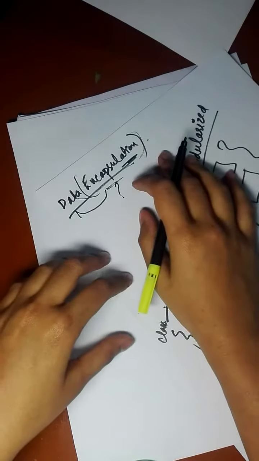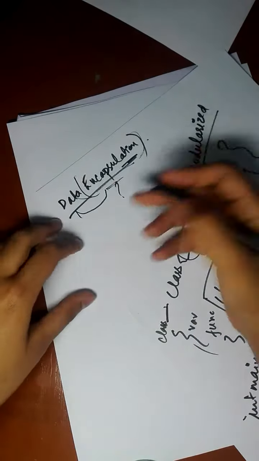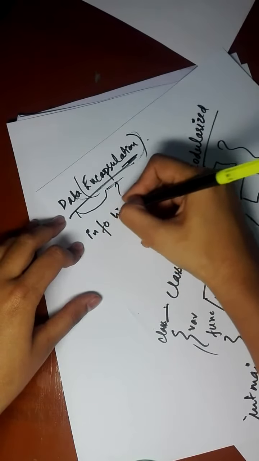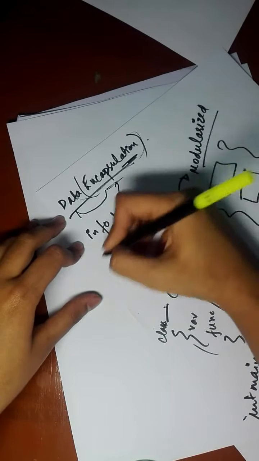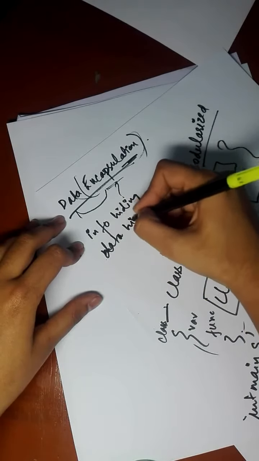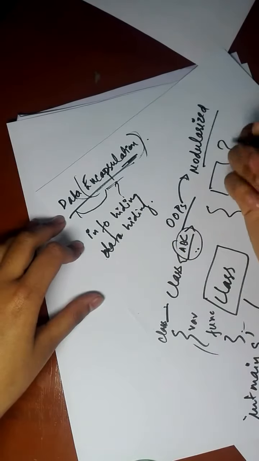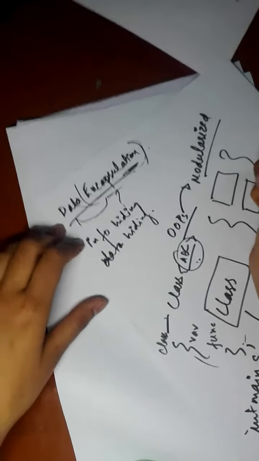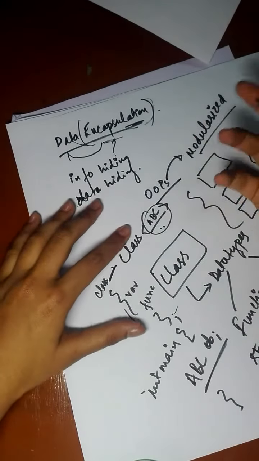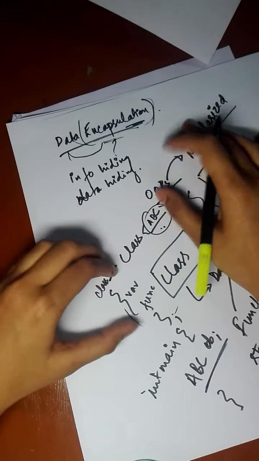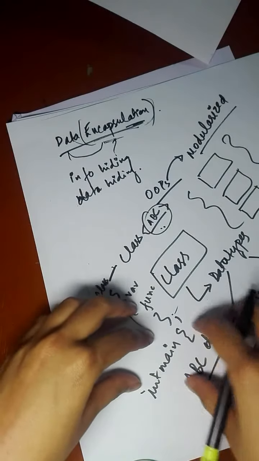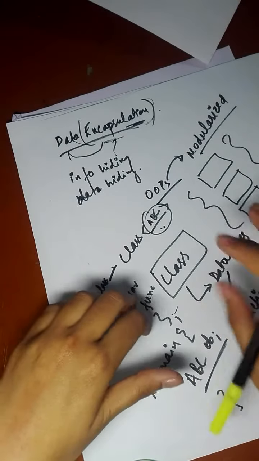Now, encapsulation means information hiding or data hiding. What is this information or data hiding that you're talking about? In classes you have the liberty to make certain data or functions public, private, or protected.